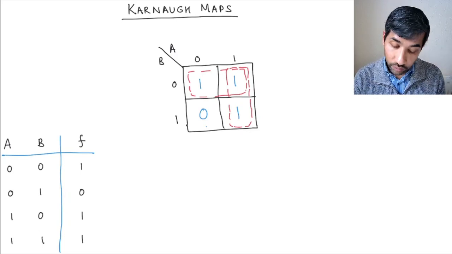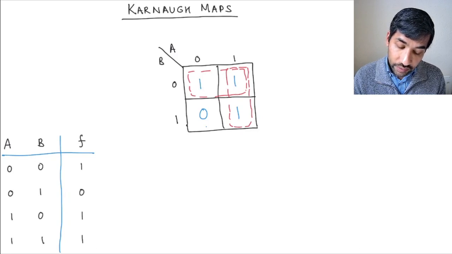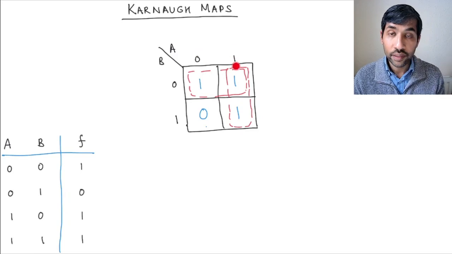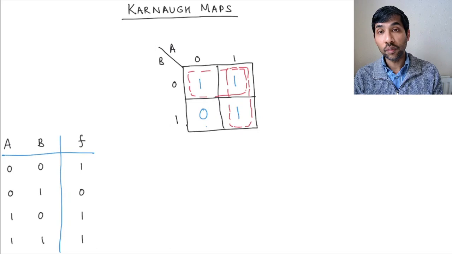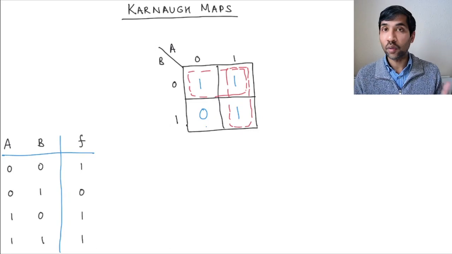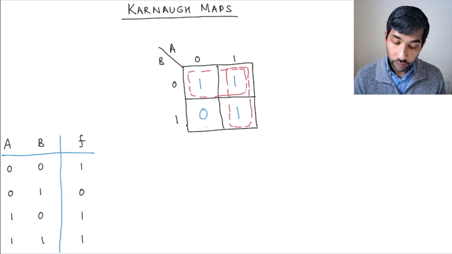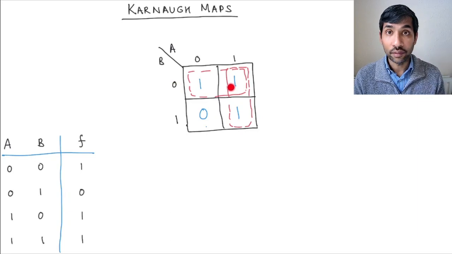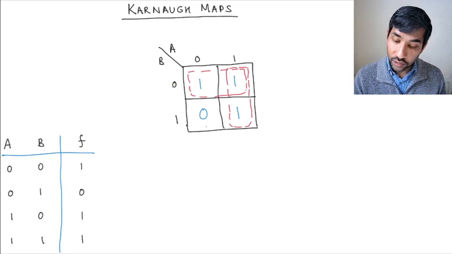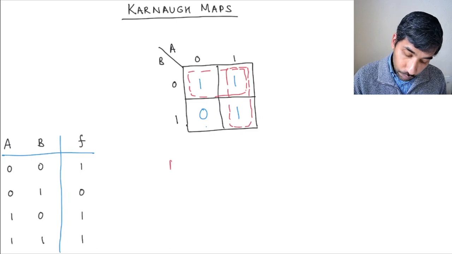And what is that going to be? One way of thinking through this is, in this group, A is taking both the values 0 and 1. So it doesn't matter what A is. If B is equal to 0, then the output is always going to be 1, right? So the min term corresponding to that would be B bar.